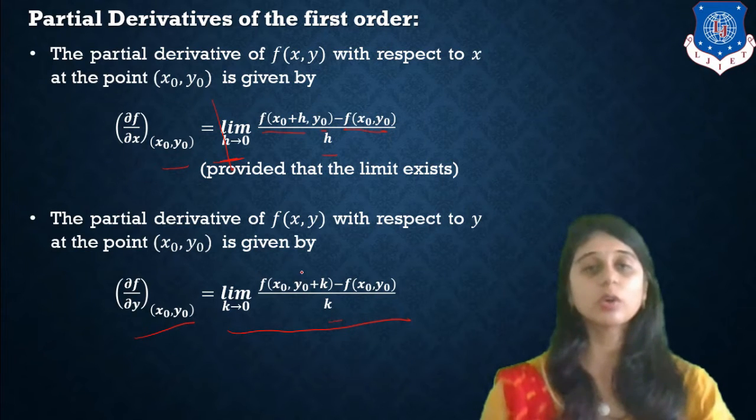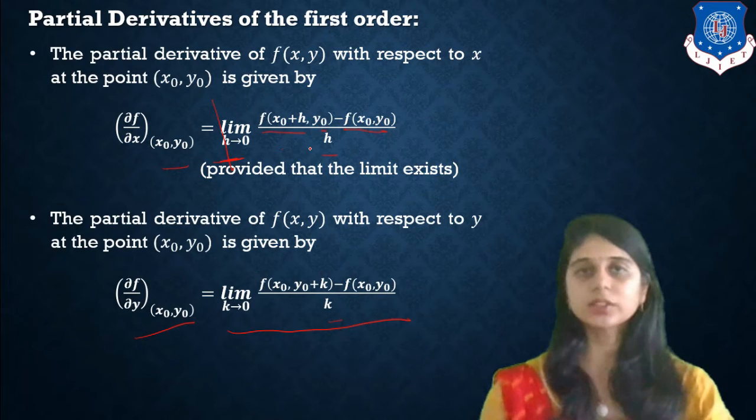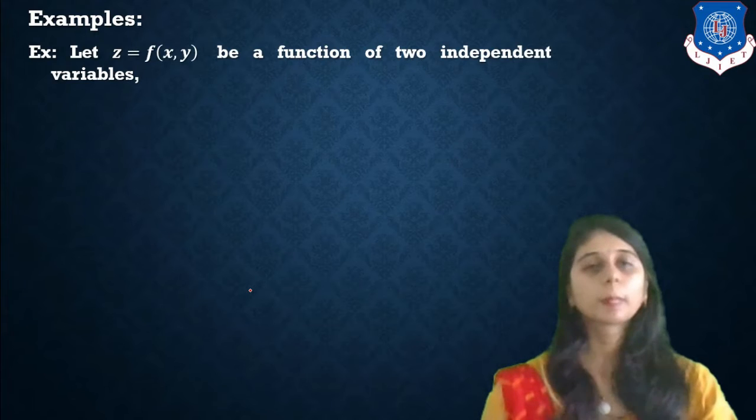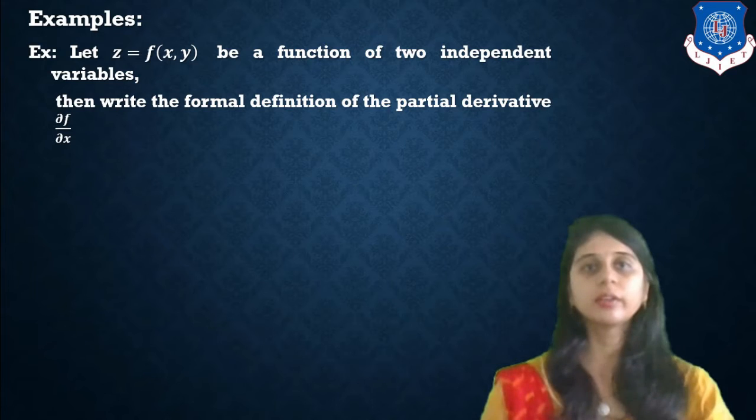This is the definition of the derivative for a one variable function, so we are applying it for the different independent variables. Here, if x is the independent variable, we take h tends to 0; if y is the independent variable, we take k tends to 0, provided the limit exists.